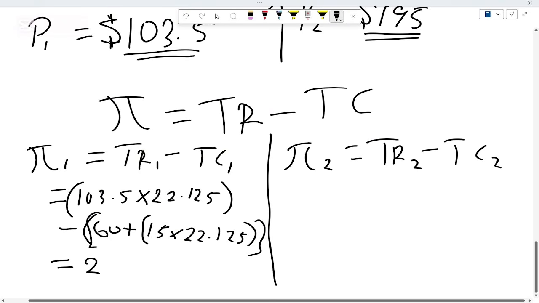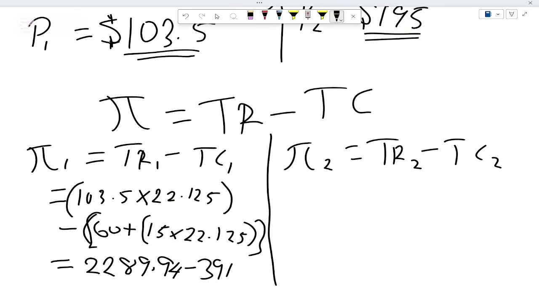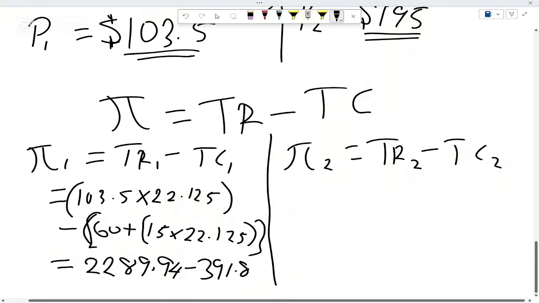When you multiply this $103.5 by 22.125, you have 2,289.94. Then you take away 391.875, which is what you get when you clear 60 plus 15 times 22.125. Now, that is it for the first market.